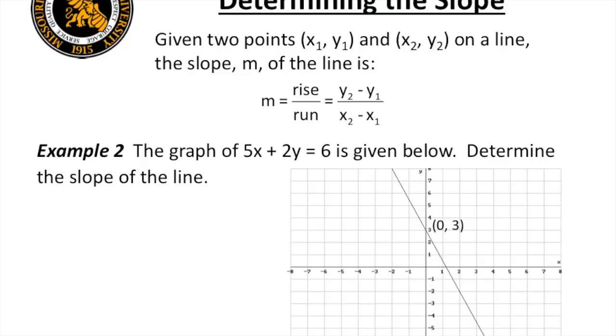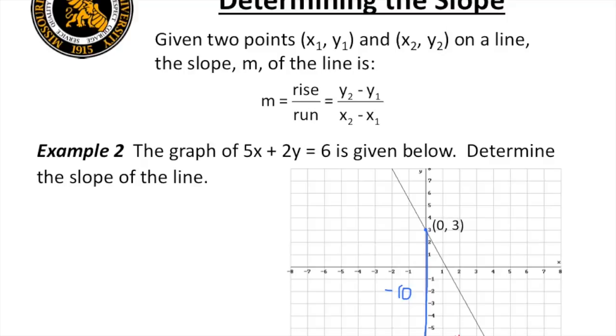For example, given the 2 points on our line, if I want to move from the point located at 0, 3 and end up at the second point noted on our line, 4, -7, to get from the 0, 3 to the 4, -7 using only vertical and horizontal movement, we would need to move down 10 units and right 4 units.